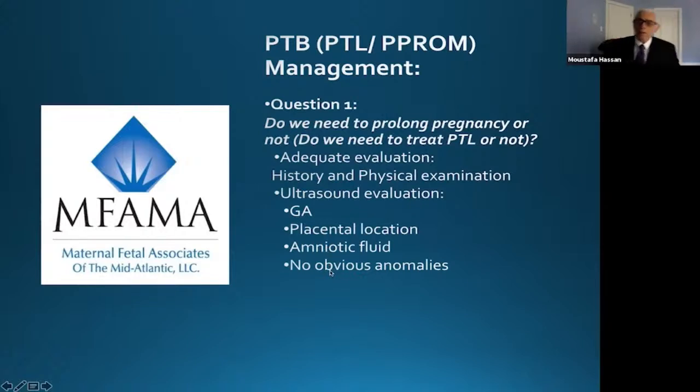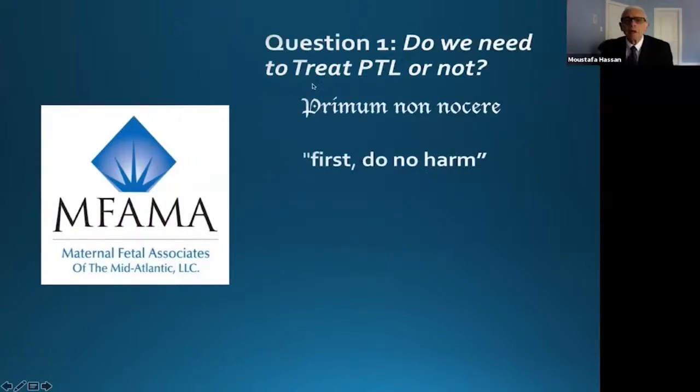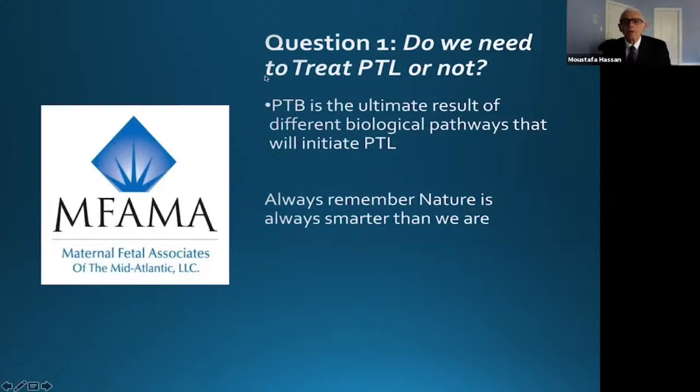And it's very important here because if you have somebody who's coming in preterm labor and this baby is anencephalic, I don't think anybody would try to stop labor. Always remember, first, do no harm. This is what we have taken as an oath when we finish medical school. We do it everywhere in the world, and it's very important.